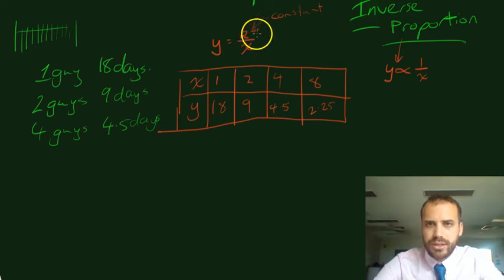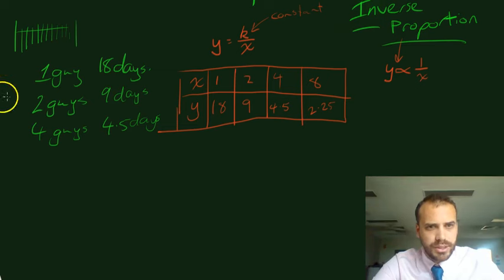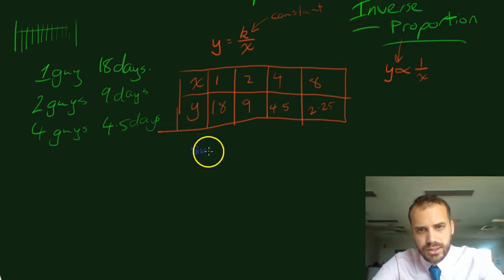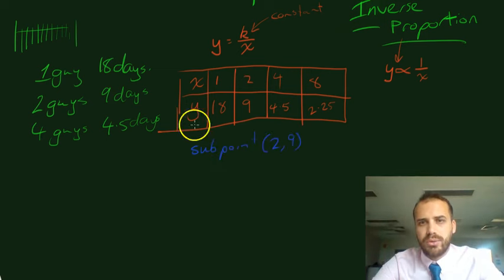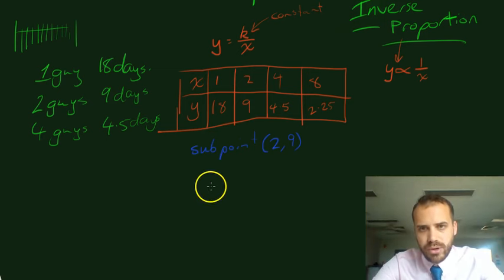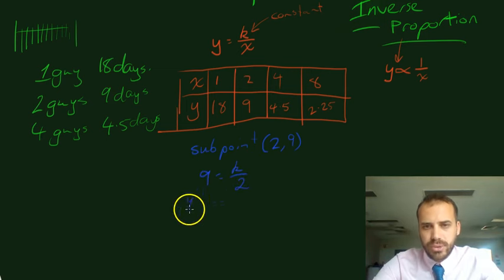Now, how are we going to find that k value? Well, it's pretty simple, really. We just need to sub some value in. It doesn't matter what that value is. So I might use 2, 9 into our equation. So if y is 9, k over 2, that means that our constant of proportionality is going to be equal to 9 times 2.